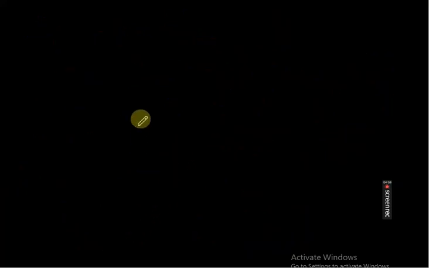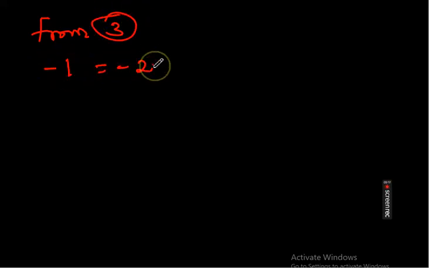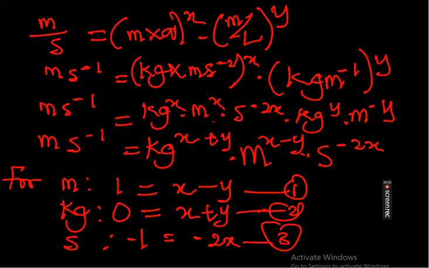From equation 3 above, it's possible for us to get a value for x. You have minus 1 equals minus 2x. So if we divide both sides by minus 2, you are going to have x to be 1 over 2, settled. Now put the value of x equals 1 over 2 back into equation 2, and you have a value for y.